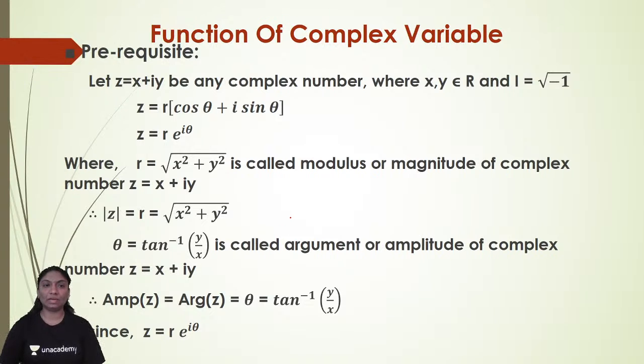The complex number can be written in the form f of z is equal to u plus iv, where u is the real part and v is the imaginary part. Everything we will see here, how to express the complex number.